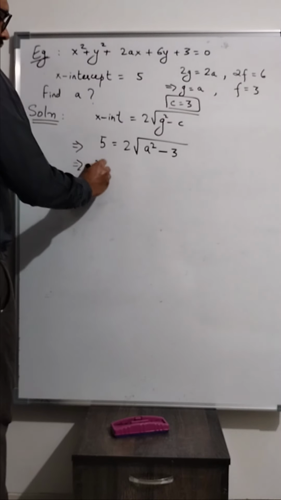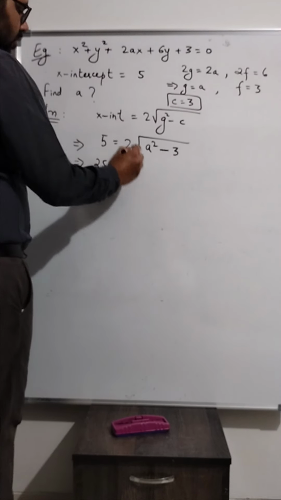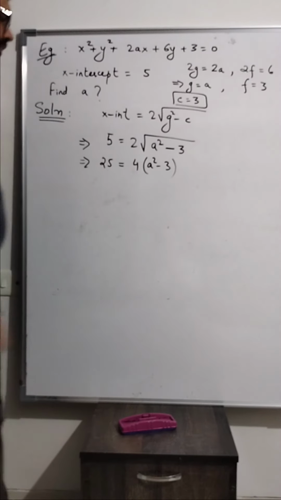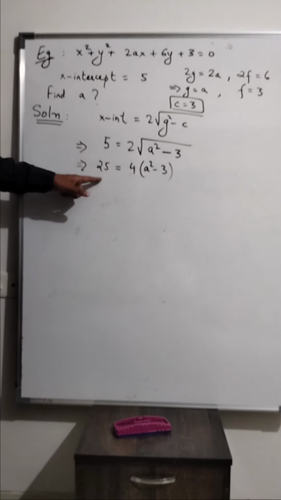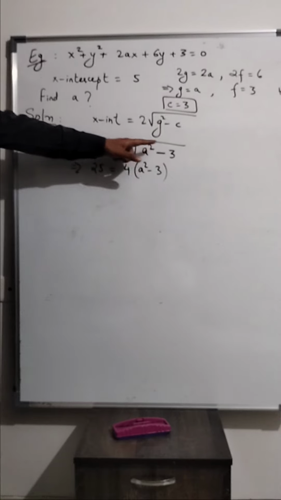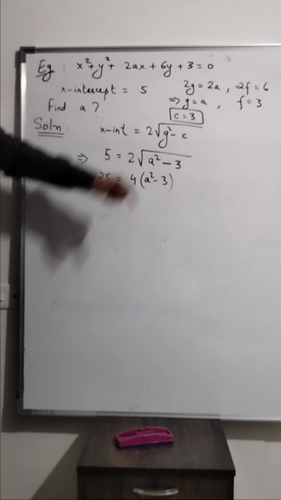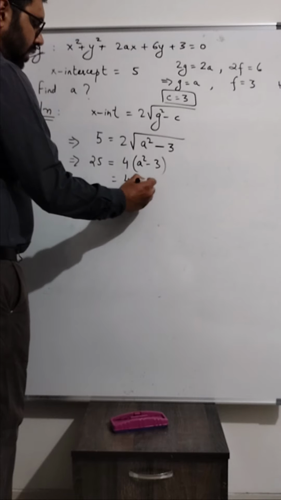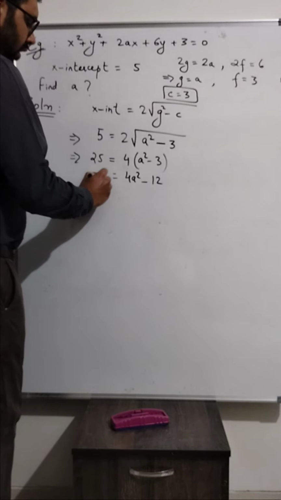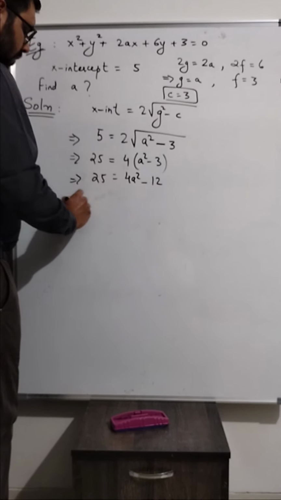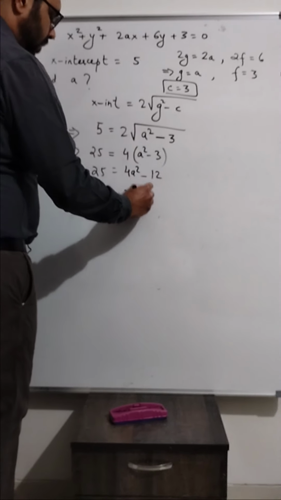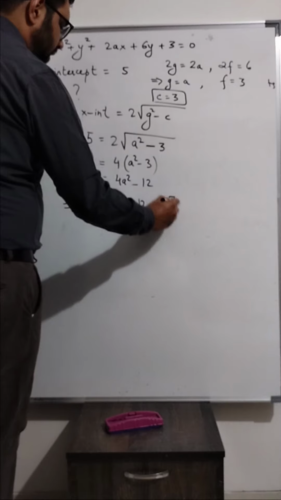Now when you take square on both the sides, this becomes 25. 2 square will become 4, and this will be a square minus 3. So 5 square is 25, 2 square is 4, and when you take square of this, the square root will be eliminated. So we get 4a square minus 4 into 3 is 12. So 25 is equal to 4a square minus 12, which means 4a square is equal to 25 plus 12, which is 37.